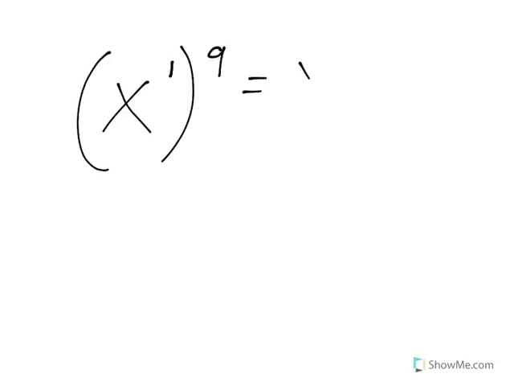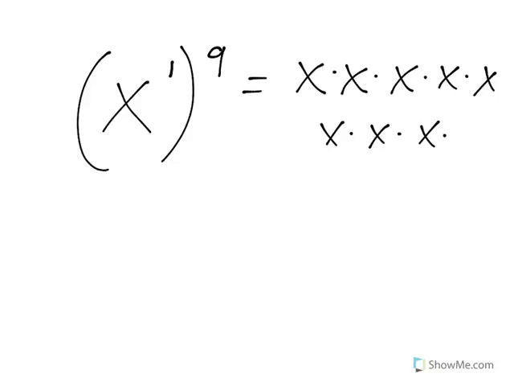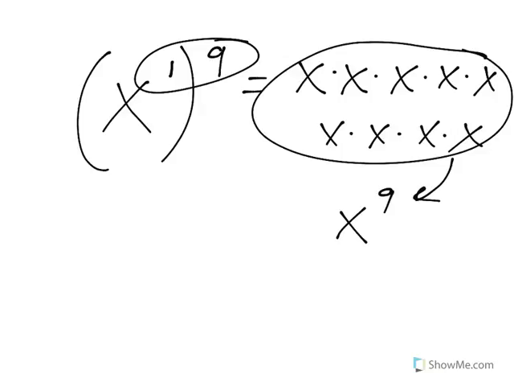One more. Power to a power, x to the first to the power of 9. That's x to the first 9 times: 5, 6, 7, 8, and 9. Of course, that's just going to be 1 times 9, which is x to the 9th. How many x's do we have? 9. Okay?